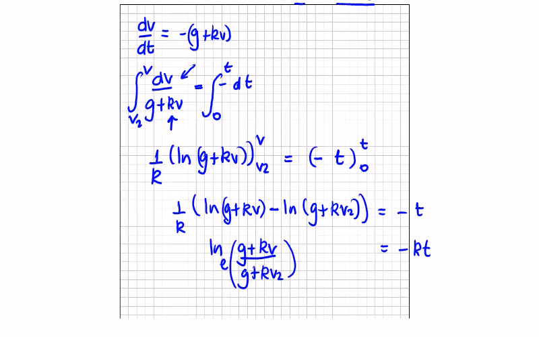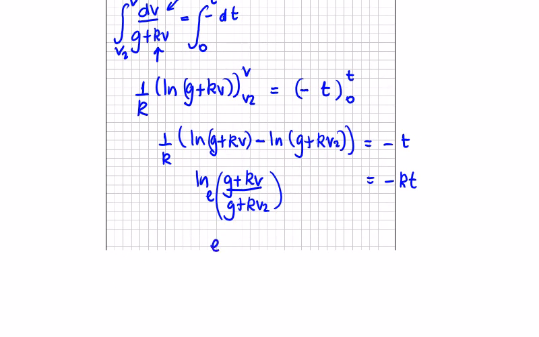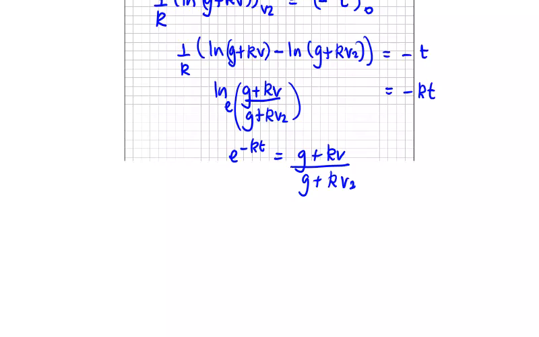This is to the base e, so I can try and get v out of here. E to the power of minus kt will be equal to g plus kv over g plus kv2. I think we're on the right track here. If I cross multiply, I can keep it as g plus kv2 for now. G plus kv2 times e to the power of minus kt will be equal to g plus kv, so minus g equals kv.